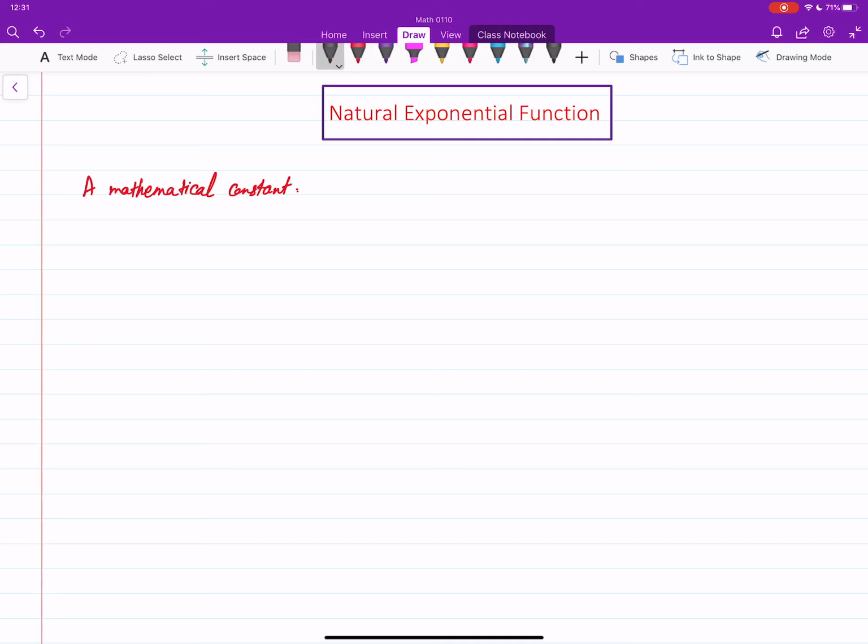So, first of all, it is called Napier's constant, Napier constant, or Euler's number. It is an irrational number.